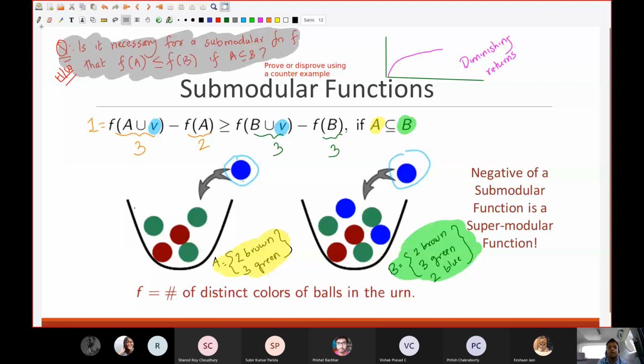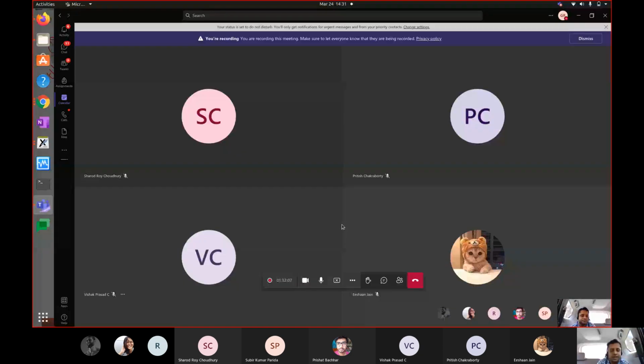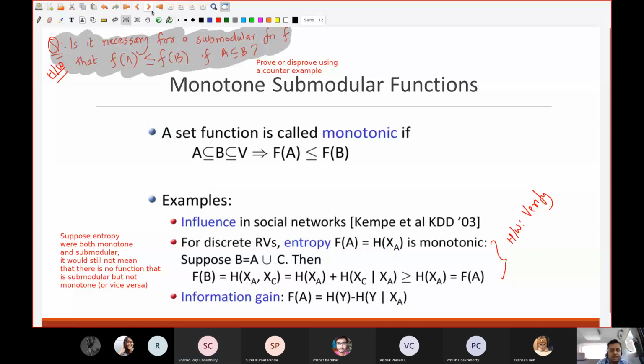We'll meet on Monday. Is there any other last question anyone has? Sir, a modular function can also be monotone, right? So that is an example. That's a good point. A modular function can be monotone if the weights are all positive, right? Yes, sir.